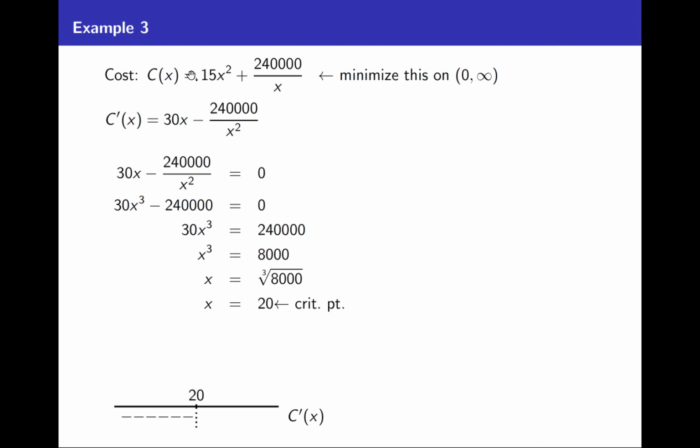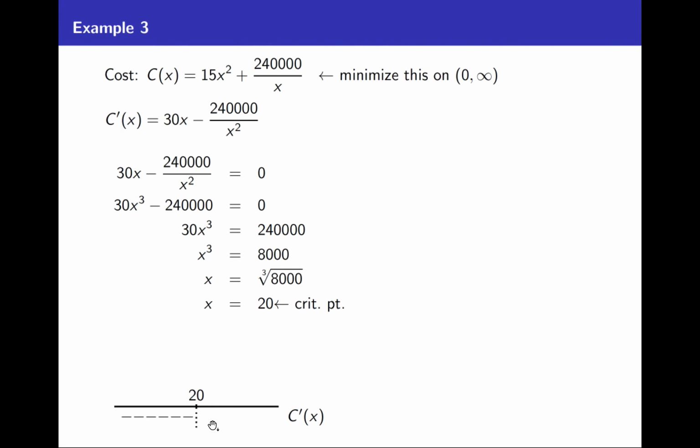For example, if x were 1, C prime of x would be 30 times 1 minus 240,000 divided by 1 squared, and that's massively negative. So C prime of x is negative on this side of 20.